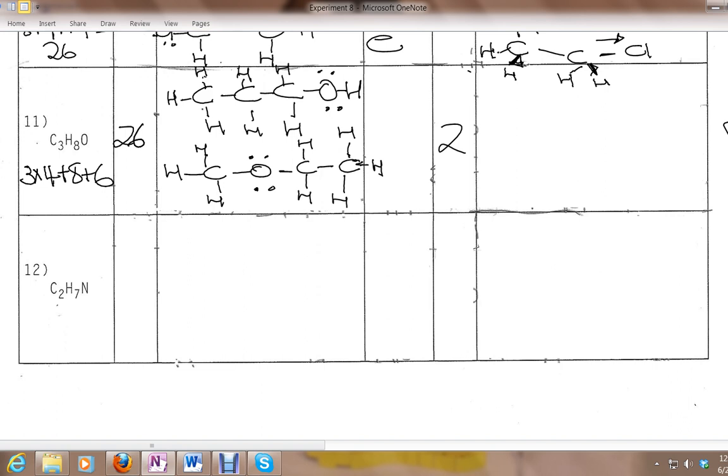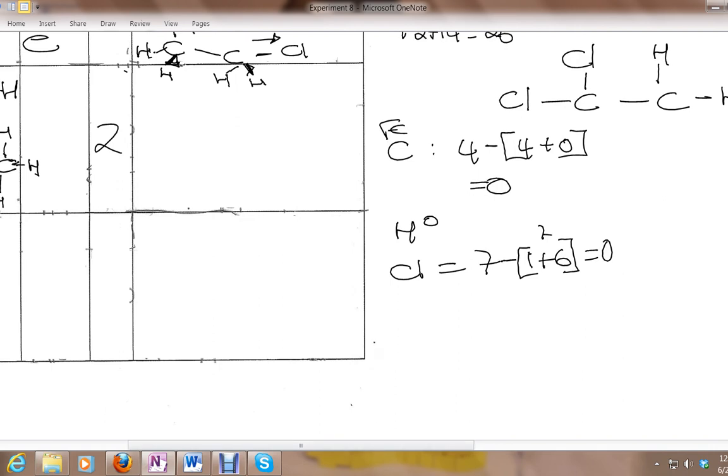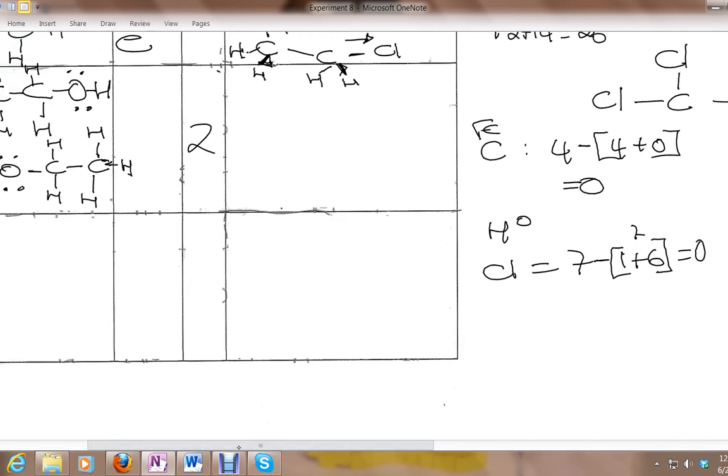Formal charge. We know already, I'm not going to do it again, that the formal charge for carbon is 0 and hydrogen 0, 0. Let's look at the formal charge of this oxygen. That's the only one we have to really pay attention to carefully. The formal charge of the oxygen is the same because you have 2 lone pairs and 2 bonds.